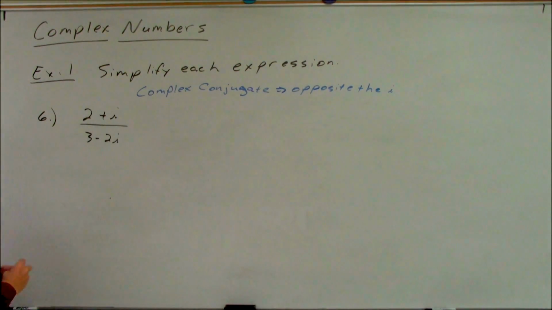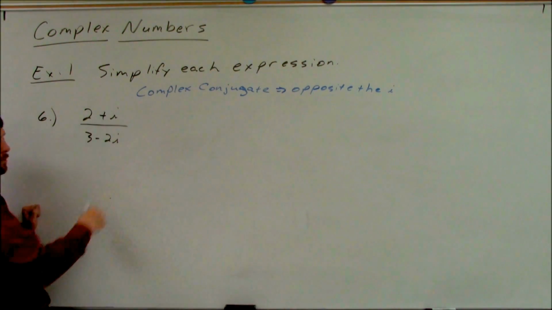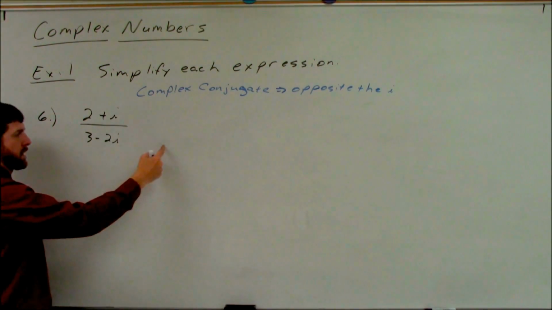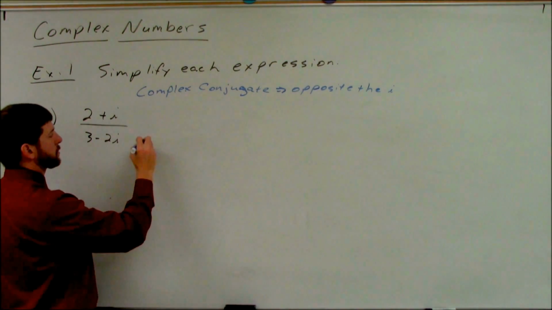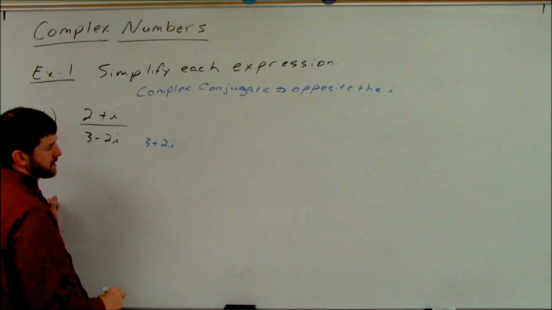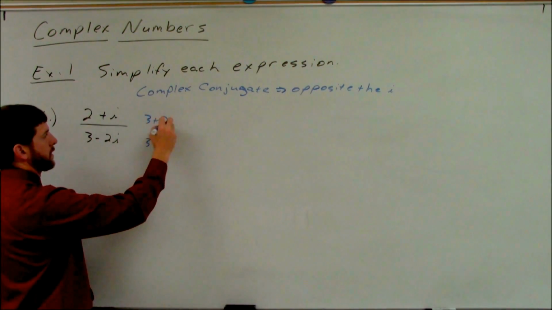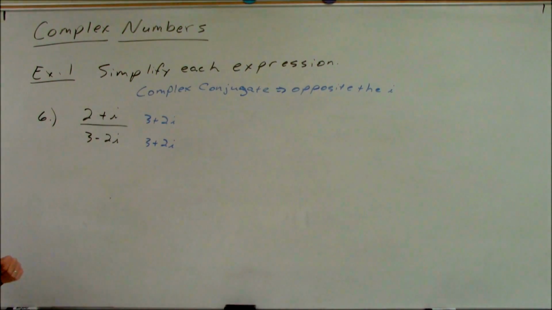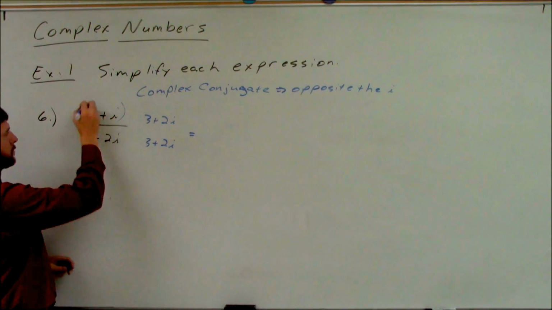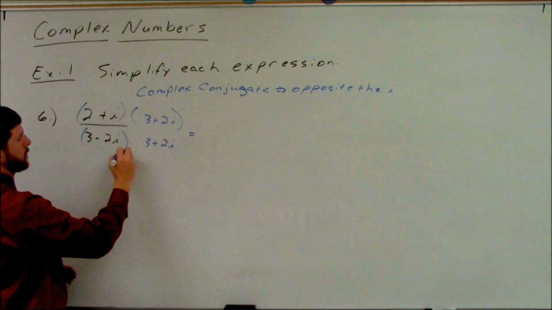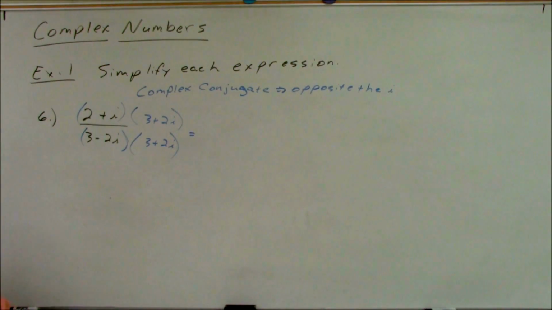So we're going to rationalize like we've done before, but instead of multiplying by just the 2i, because that would just shift it over to the other term when you distribute, we're going to multiply by opposite the i: 3 plus 2i, numerator and denominator. So when I go through it, now it just becomes a multiplication problem. Put your parentheses in there to help you remember to distribute.